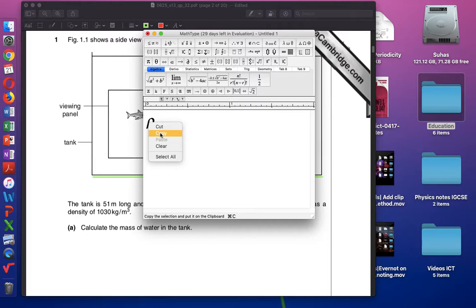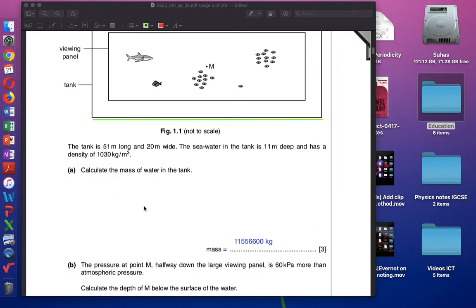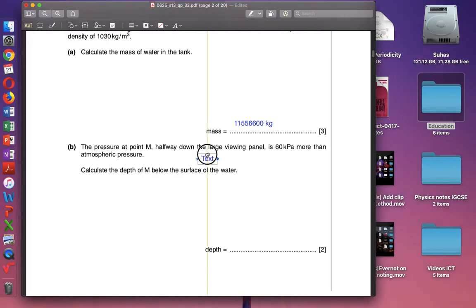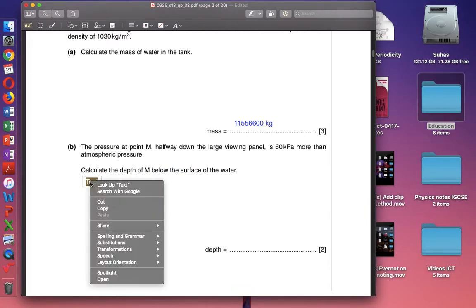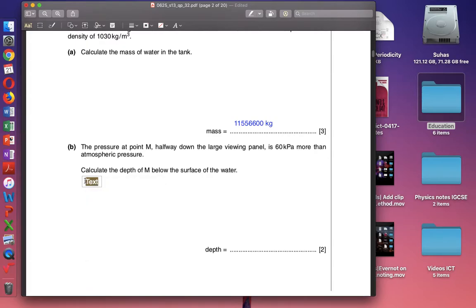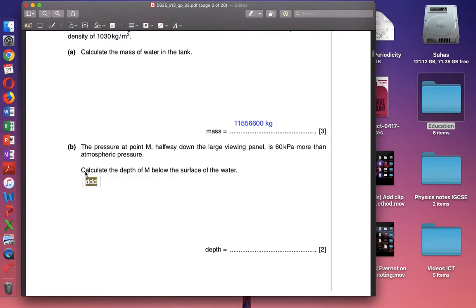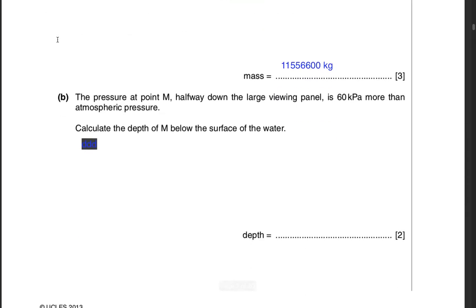Just copy this and then let me try to paste it in here. I'm not very sure whether it's possible, but it must be possible actually. Let me try to paste it there. No, it's not possible.